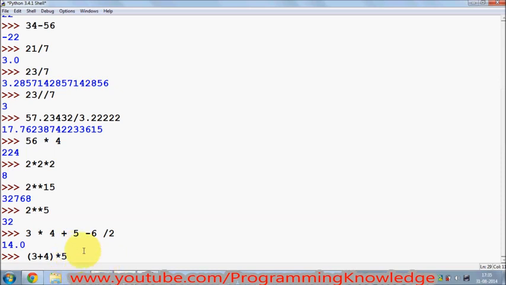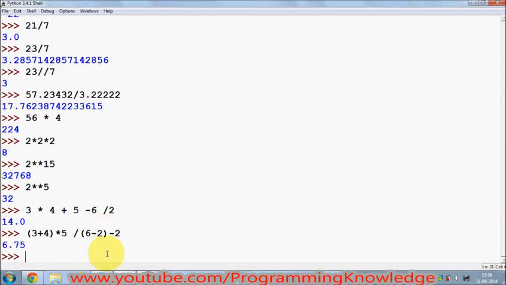And then the order will be like PEMDAS, if you can remember. So for example, if I want to do something like this, divided by 6 minus 2, the parentheses priority will be first, then the multiplication, then the division, and if you have some subtraction, then this will happen last.